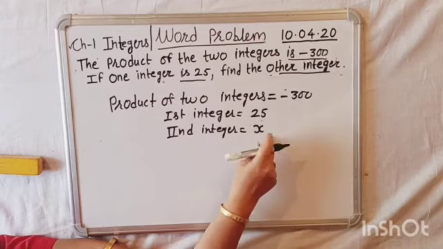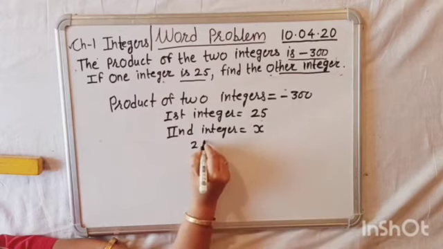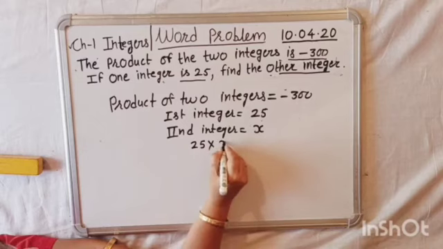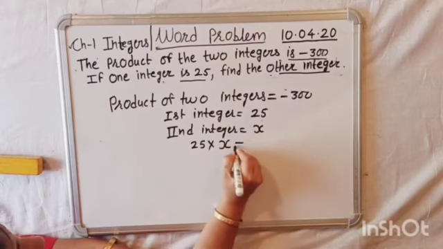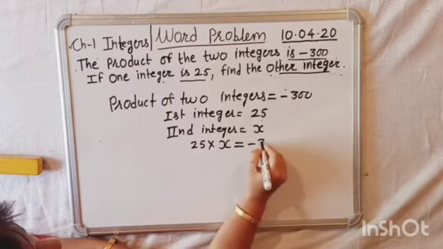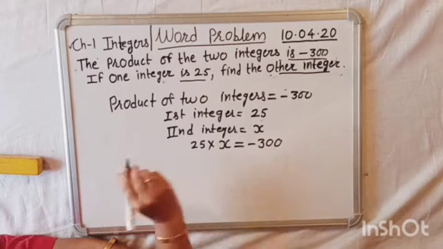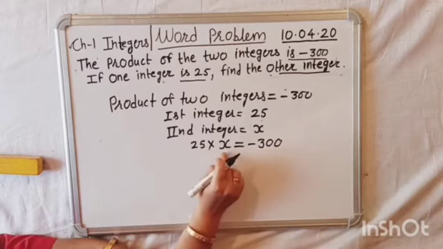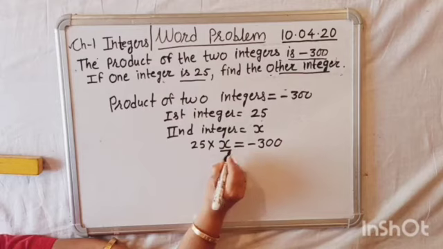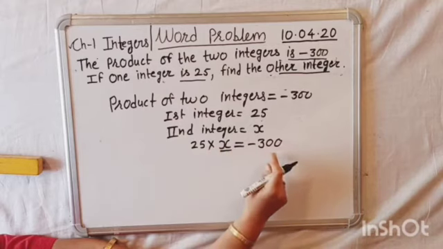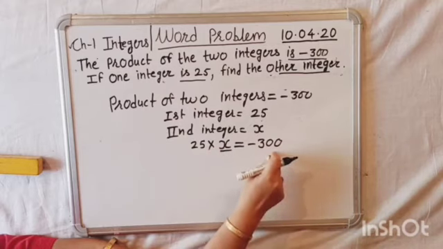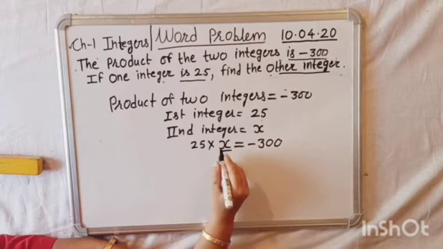Now the product is given, so the first integer multiplied by the second integer will be equal to minus 300. Now for finding the value of x, you have to shift 25 towards the right hand side.